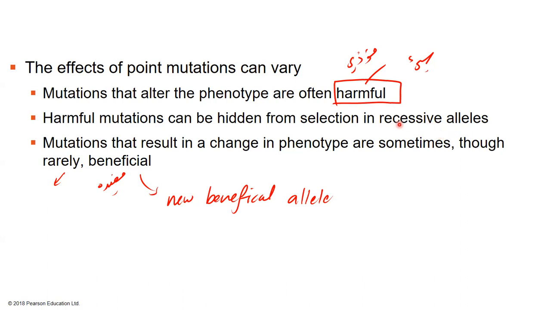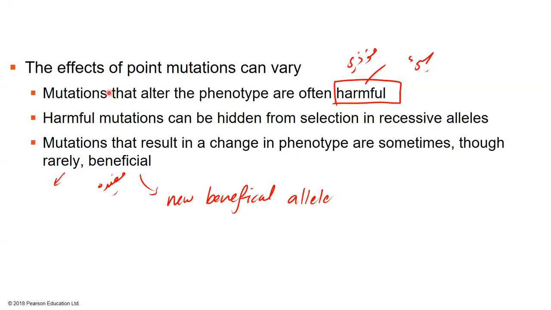So remember, some alleles are dominant, some alleles are recessive. If the dominant allele does not contain harmful mutations, the phenotype will depend on the dominant allele. But a recessive allele containing a harmful mutation could still exist hidden, because the phenotype does not depend on the presence of the recessive allele.